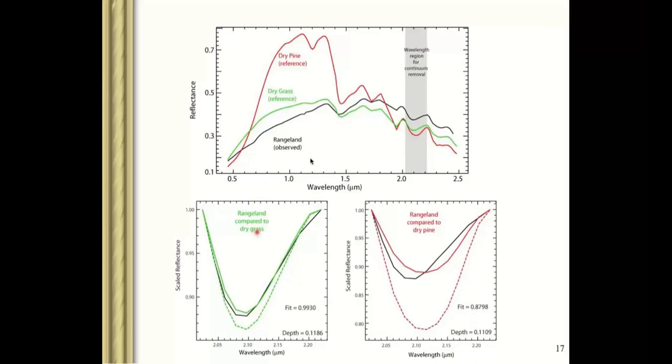It is an open grassland, and in open grassland we took a reading, and in dry grass reference we took a reading, because rangeland is a type of grassland. So the matching is very high, around 0.99, and the depth is 0.11. If you compare our rangeland with dry pine, pine is a tree, right? It is not a grass. So the matching with our reference is not that good. It is only around 0.87.